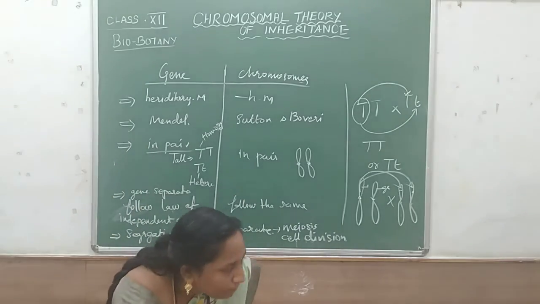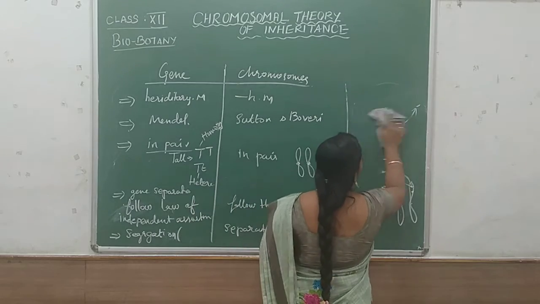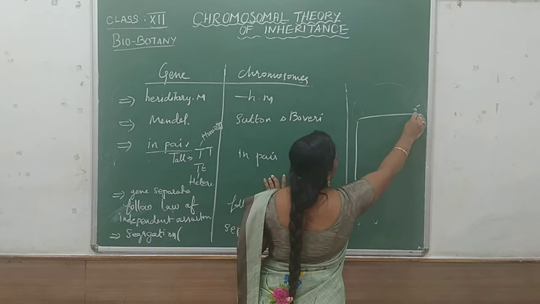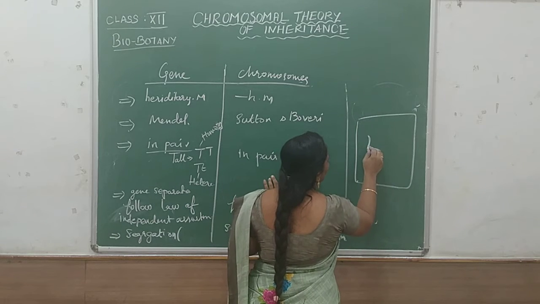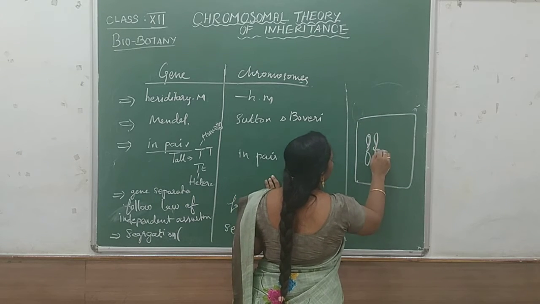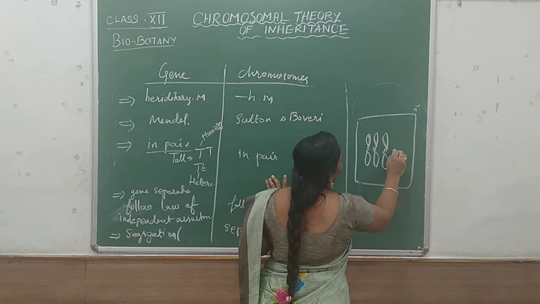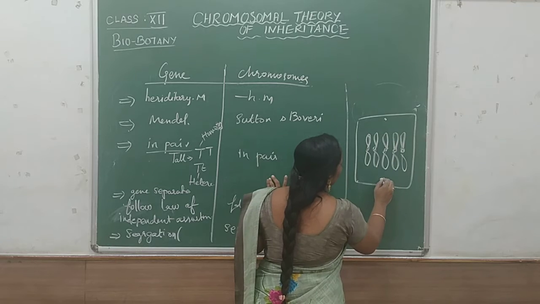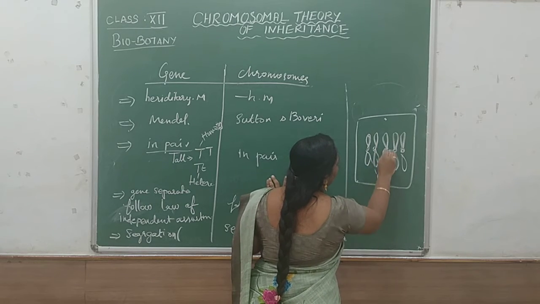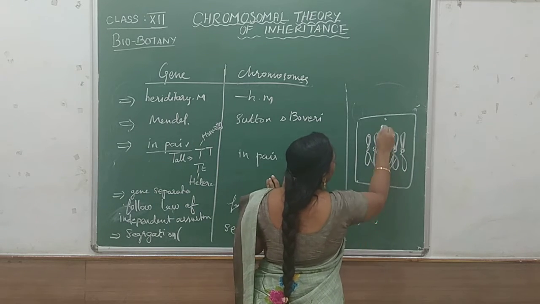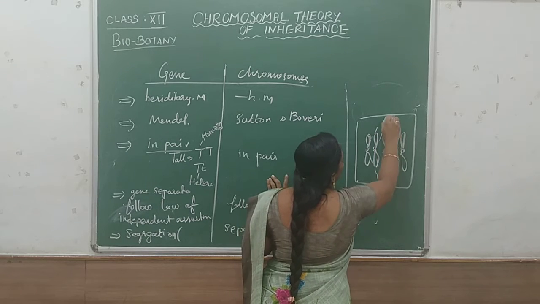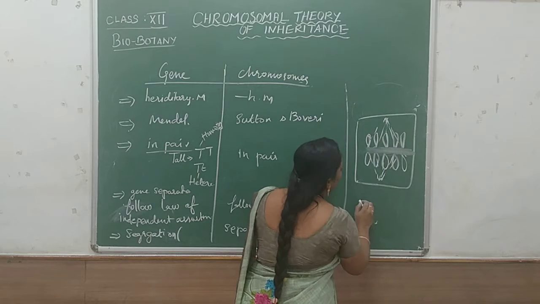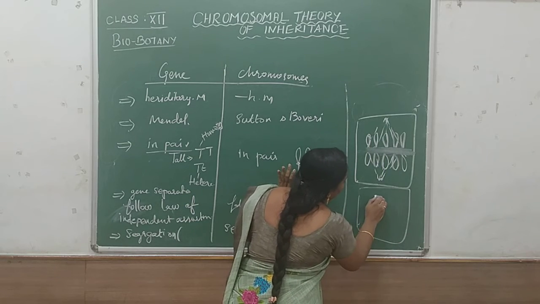Do you remember that one? During cell division, what happens? The chromosomes arrange linearly, and during anaphase, the spindle fibers start pulling the chromosomes, and because of that both go to opposite sides.